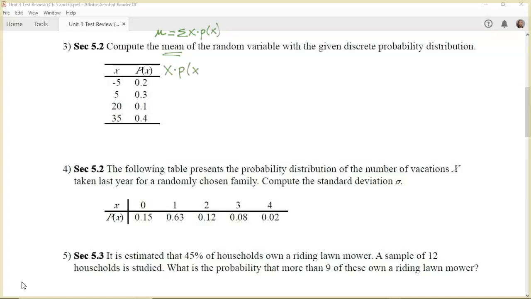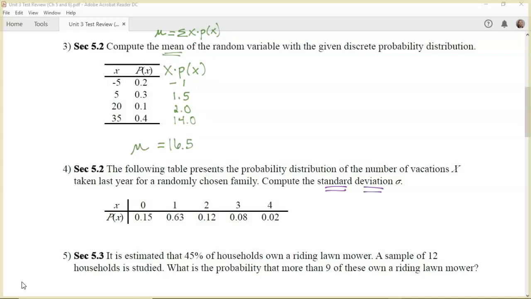That's the value that we expect to get after many trials of whatever this probability distribution represents. In this case, we multiply negative 0.5 times 0.2, then 5 times 0.3, then 20 times 0.1, and 35 times 0.4, we get these products, and we find the sum, and that represents our average.